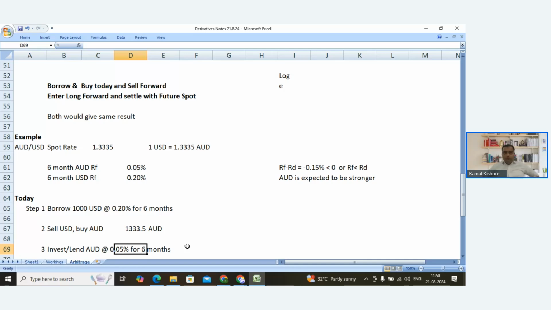1000 into 1.0002. You should always have 4 decimals in your calculator. 1.0002, the whole power 0.5.